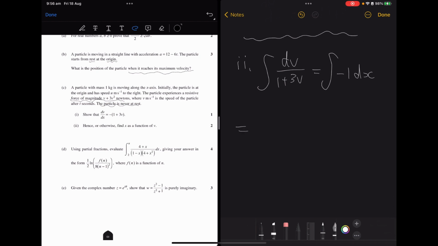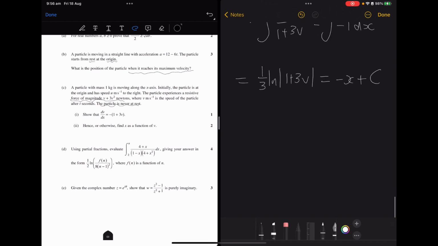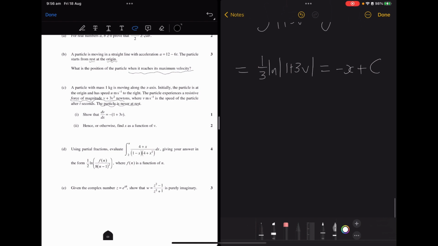So that is equal to 1/3 ln absolute 1 plus 3v equals negative x plus c, some constant c. Now we want to find the initial conditions.